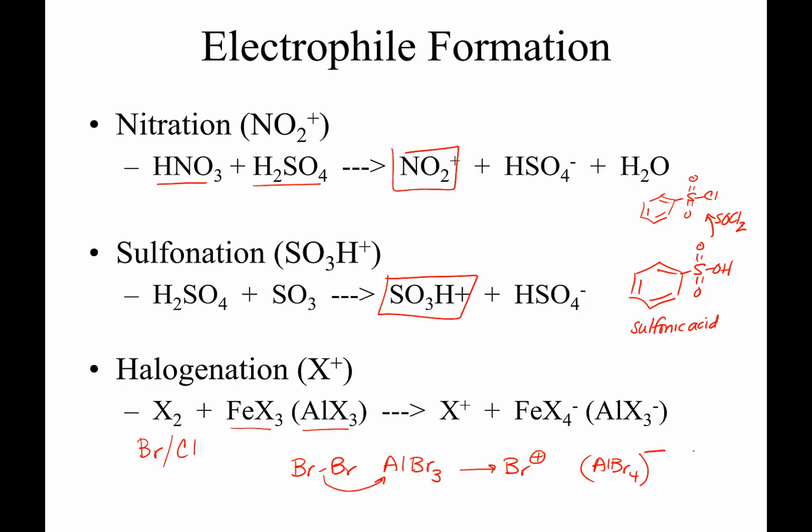Altogether, that has a negative charge. And you could do the same thing with iron. So Br2 and benzene will not react. Br2 with FeBr3 or AlBr3, it will react. So we need that catalyst.